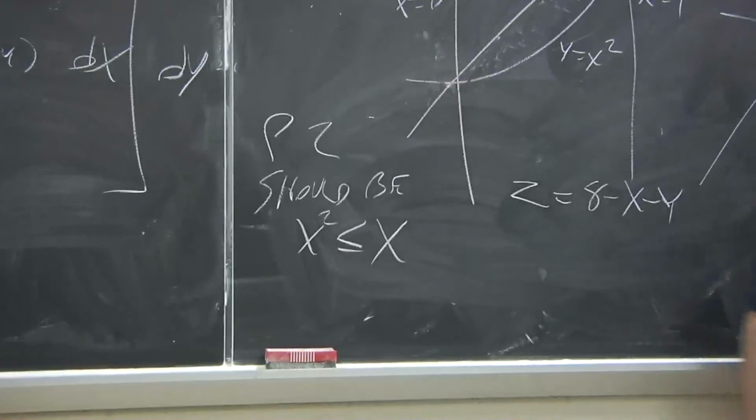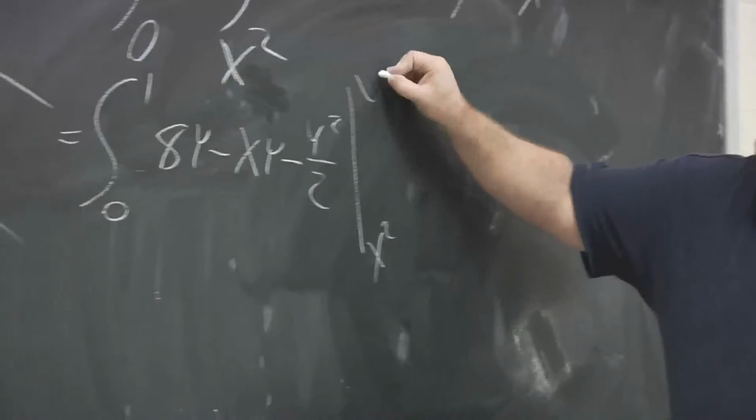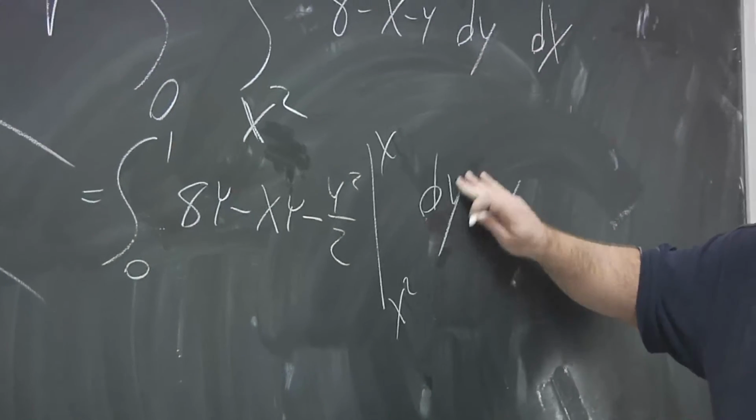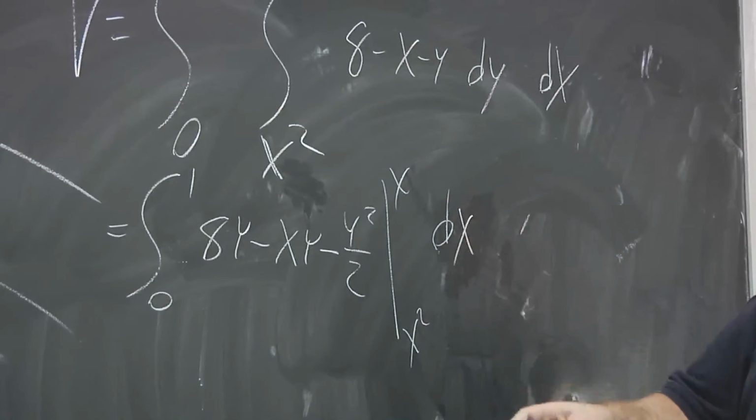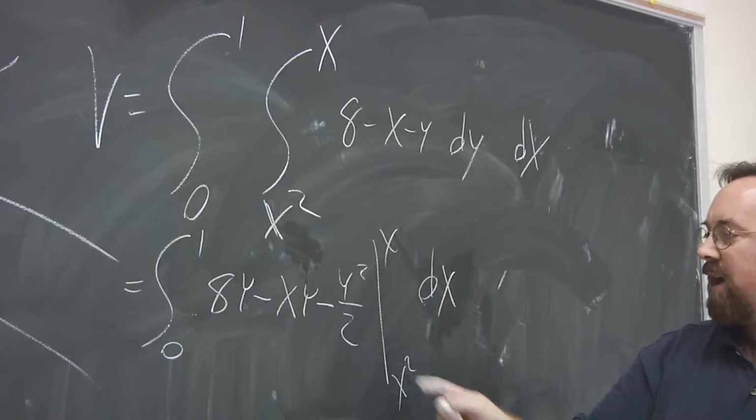Okay, so this evaluated the limits, x squared the lower limit and x the upper limit, dx. So now we're going to plug in x for y, and then we'll plug in x squared for y.